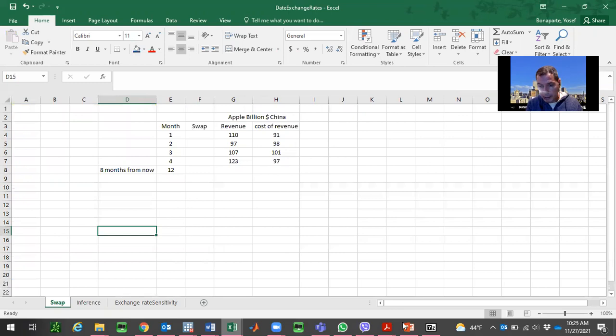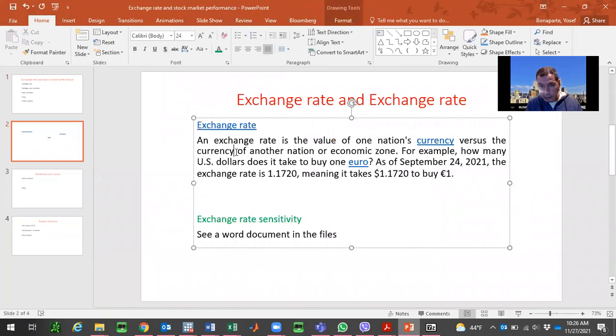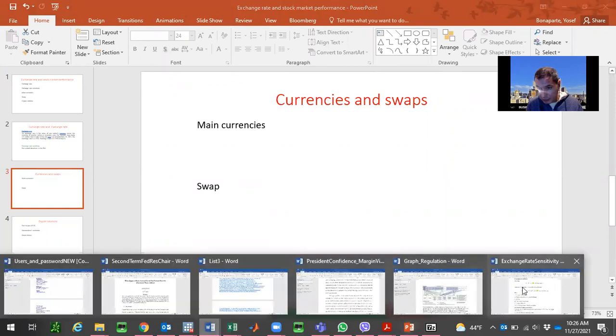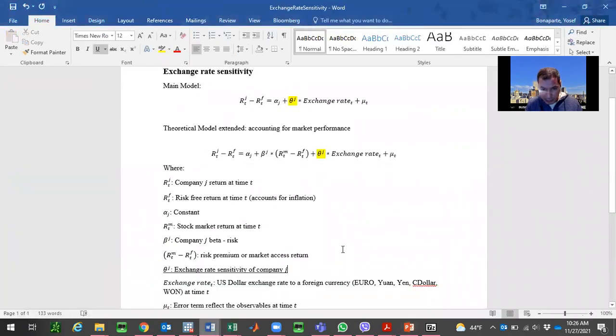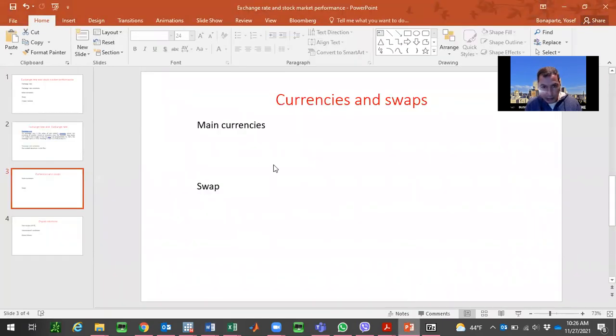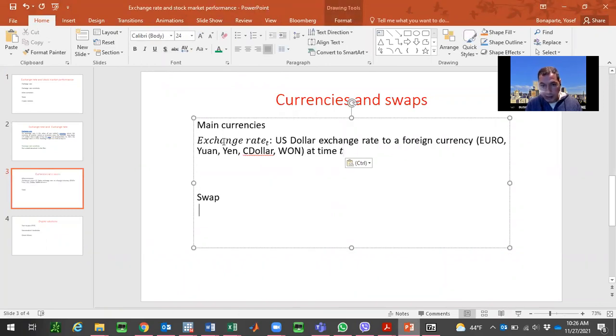Now we're going to go back to the slides and see where we're standing. So we explained the outline, and then we talked about exchange rate sensitivity. See the Word document. I did that Excel file. We did that. Now the main currencies that we have. The main currencies are also in the Word document, but I can put them again here. Here are the main currencies that we care about for businesses in the United States, and swap.